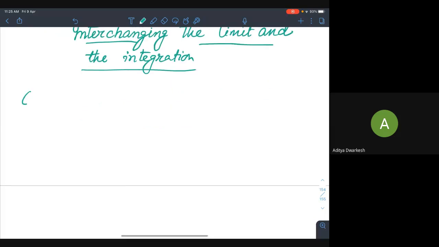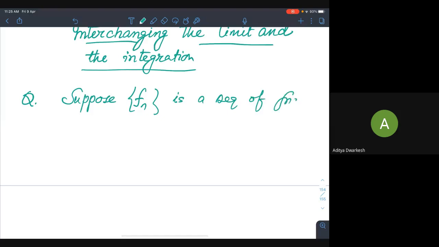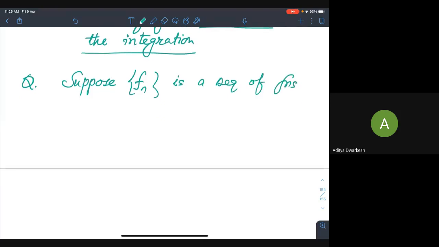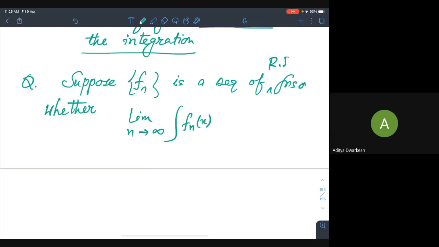So the question is, suppose f_n is a sequence of Riemann integrable functions on [a,b]. Whether the limit as n tends to infinity of the integration of f_n(x) equals the integration of the limit.